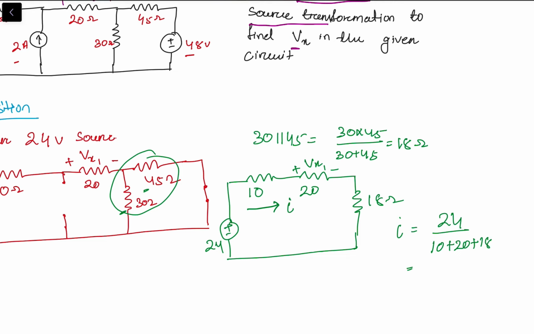If you calculate, this current value will be 0.5 ampere. Now, Vx1 equals I into 20, so multiplying 0.5 into 20 we get 10 volts. This is my Vx1.